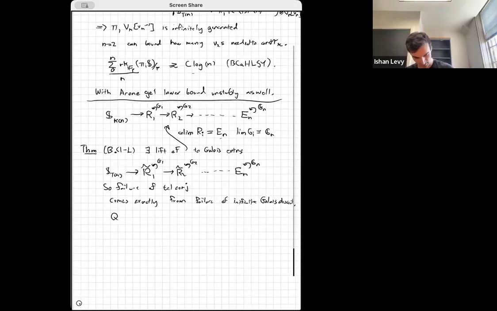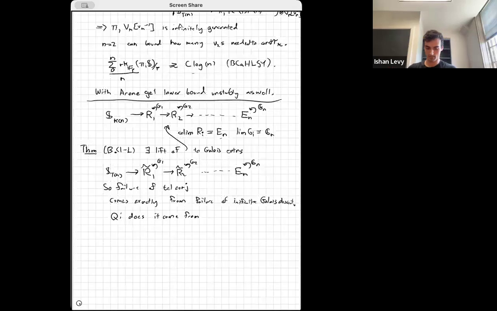And so something that remains a bit unclear is, does the failure come from smaller extensions? So what do I mean by that? You could imagine that you don't need to look at this tower.